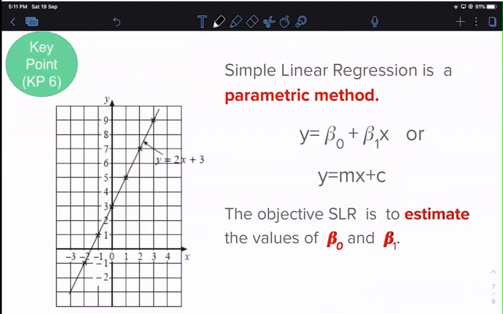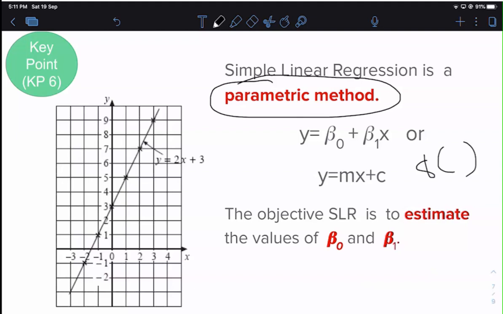The sixth point that we must remember with respect to the simple linear regression is that it is a parametric method. Parametric methods are those methods in which an assumption is made regarding the functional form of the relationship between the independent variable and dependent variable, and the functional form that we assume here is linear.